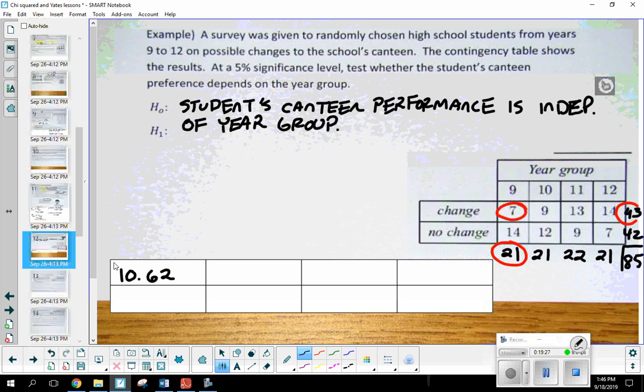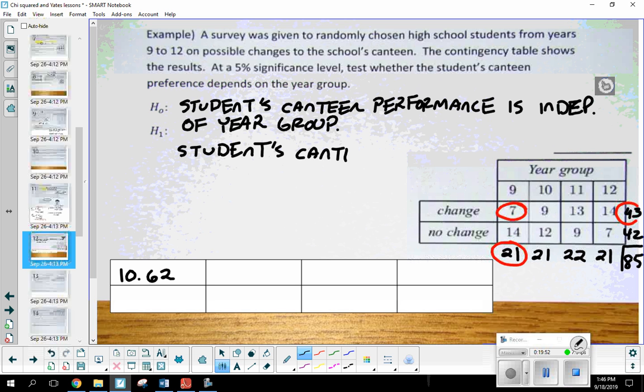Okay. Now, you remember I said a moment ago, these two statements, the null and H sub 1, the alternative hypothesis, they are virtually the same sentence. What's the one difference I can place for the second one? Is not independent. There we go. So students' canteen performance is not independent. So, why not write the whole thing?